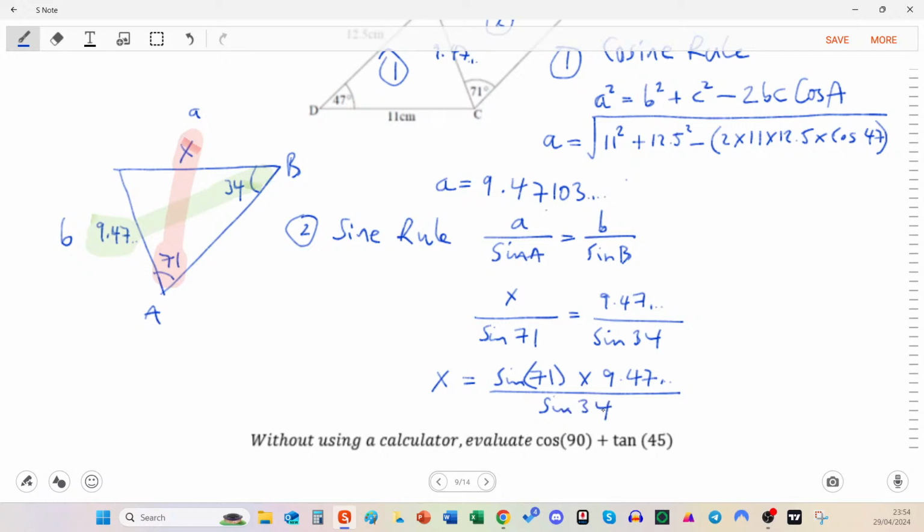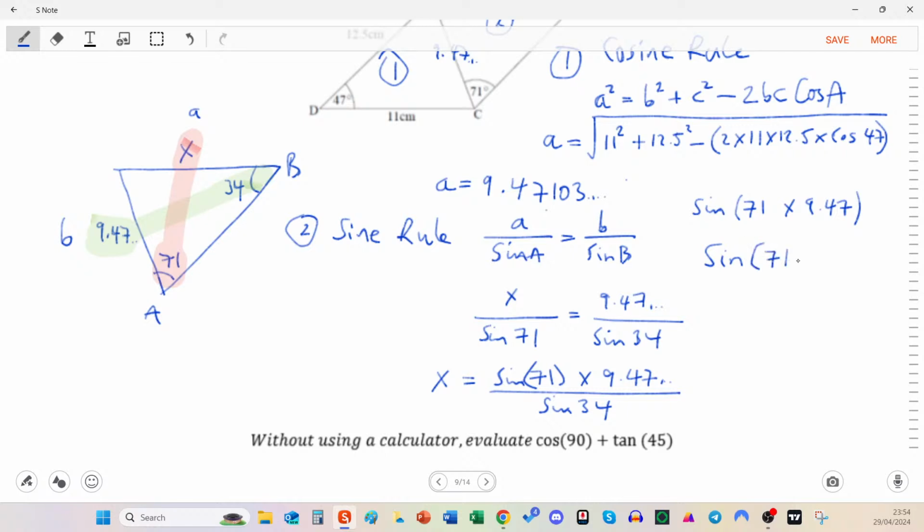Now, do you know what someone in my class did today? They did sine, I didn't do this question, but it was similar, 71 times 9.47. And they said, oh, I got it wrong. What have I done wrong? Help me. I was like, well, I'm sure you didn't put it in the calculator wrong, but actually they did. The calculator starts to open a bracket when you write sine, just like this.